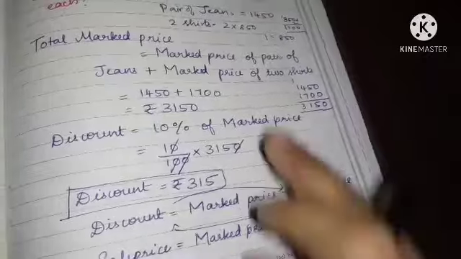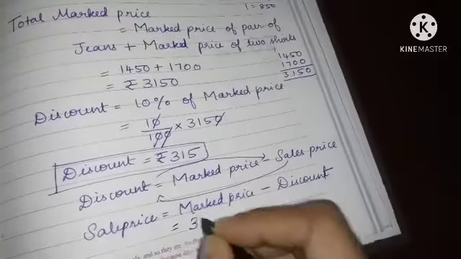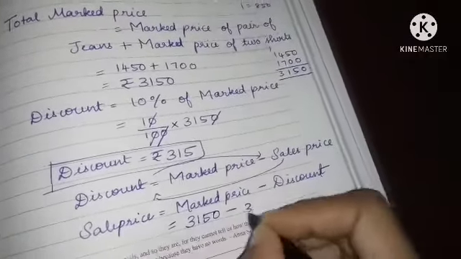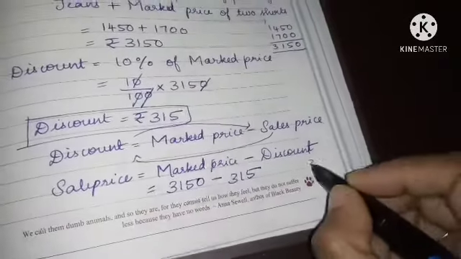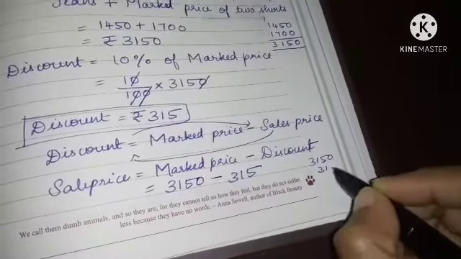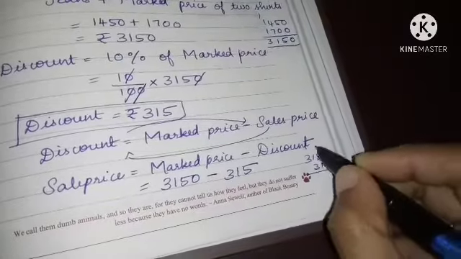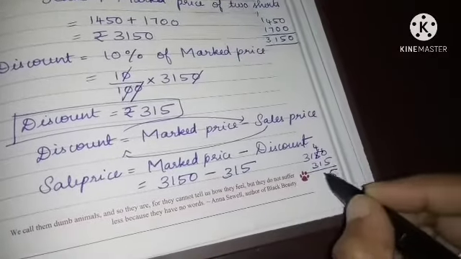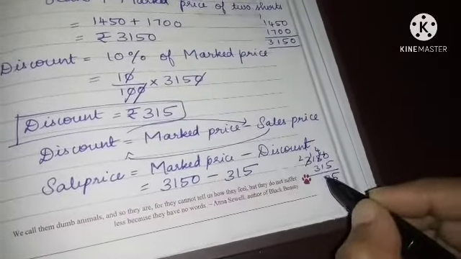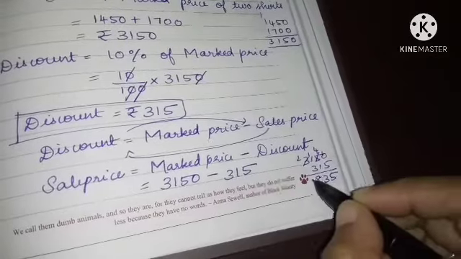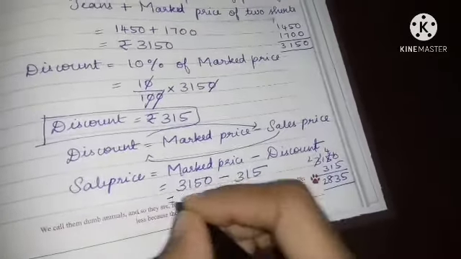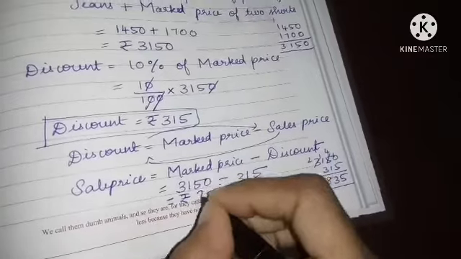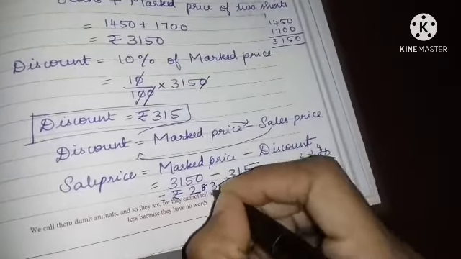What is the marked price of this quantity? 3150 minus 315. So we will do that. So what is the sales price? Rupees 2835.